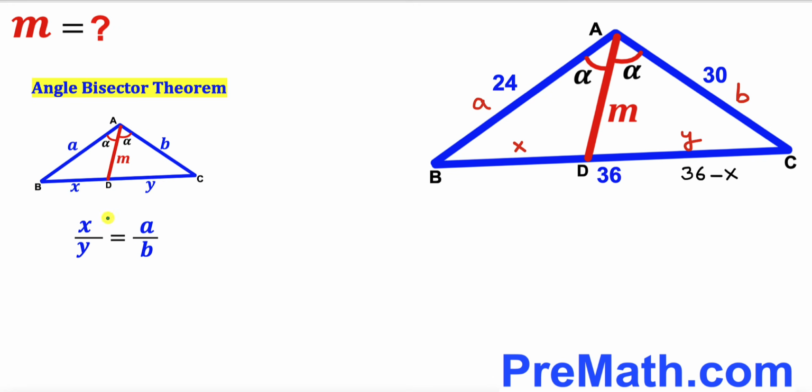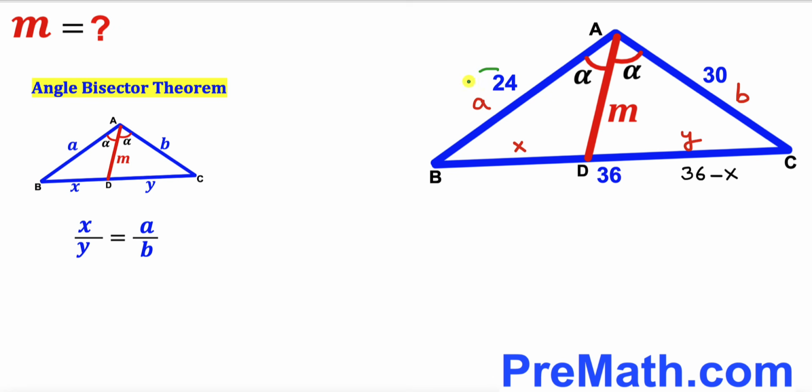Then we can write the ratio of x and y is going to be equal to the ratio of a and b, as you can see in this given proportion. In other words, x divided by y equals a divided by b.